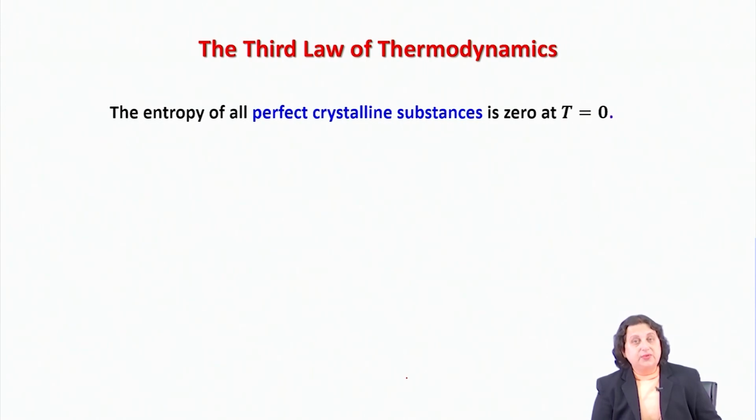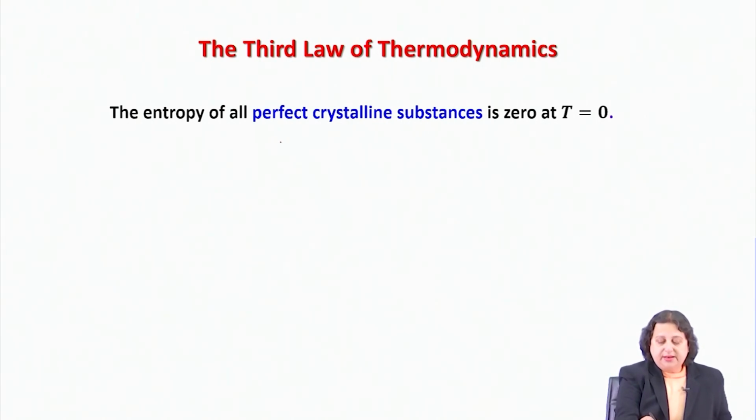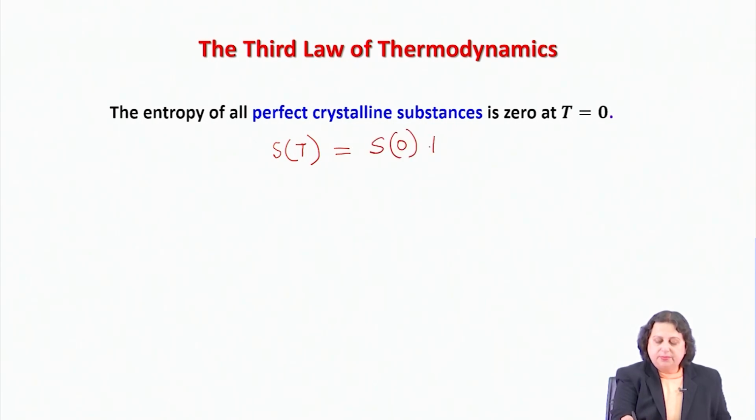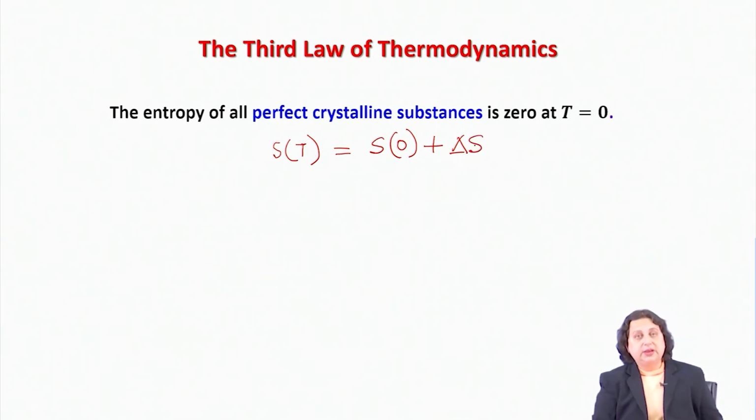Now you understand that we indeed required an additional law of thermodynamics to tell us what happens to S at 0. Now that you know S at 0, you can definitely find out S at T, which would be equal to S at 0 plus delta S, where you can find delta S for the process that you have designed to take your system from very low temperature to very high temperature.